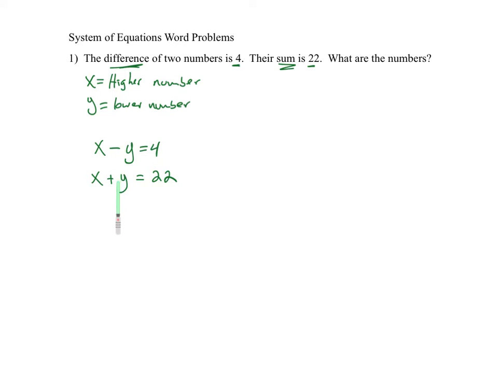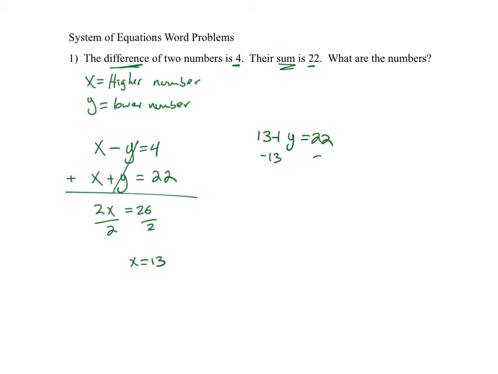Now I have that y has opposite coefficients, so I'm just going to add those two equations. So I have 2x, the y's cancel out, equals 26. I'm going to divide by 2, so x equals 13. Now I'm going to substitute into this equation: 13 plus y equals 22, so y equals 22 minus 13, which is 9.